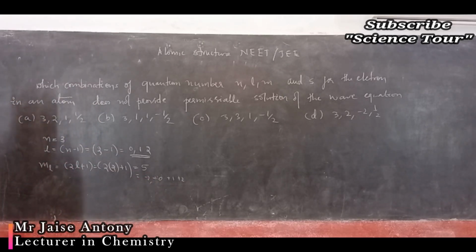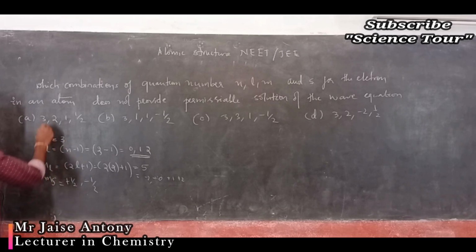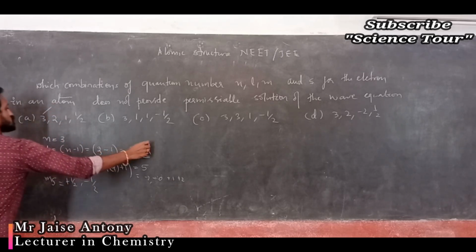Understood? For s, ms means plus half, minus half. That means here 3 is possible, 2 is also possible.